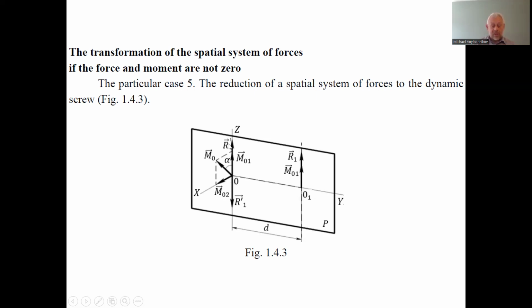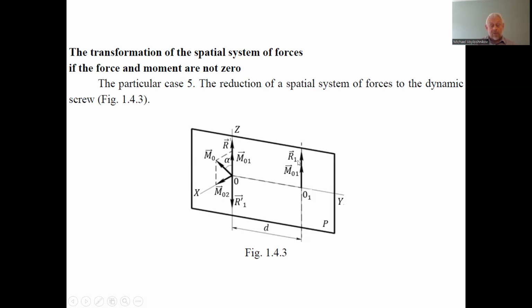These two forces, the originally specified main resultant R and the force specified as a decomposition of the action of projection M02, R stroke 1 and R1, are a result of the decomposition of the projection of the main moment on the x-axis. So these two forces, R stroke 1 and the resultant R, have the same magnitude but opposite direction. They are a balanced system of forces.